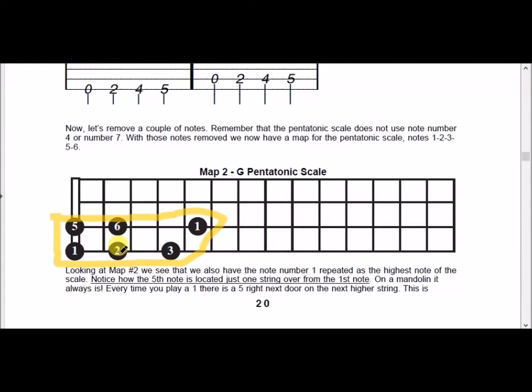If we want to find a number 3 note, and we know where the root is, a number 3 note is always 4 frets above the number 1. And it's always 2 frets above the number 2. So if we know where the root is, the number 3 note is always going to be 4 frets up towards the sound hole of the mandolin.